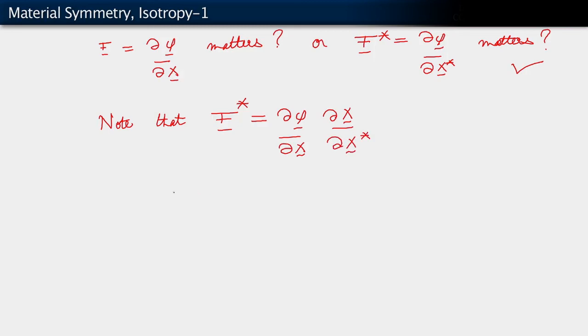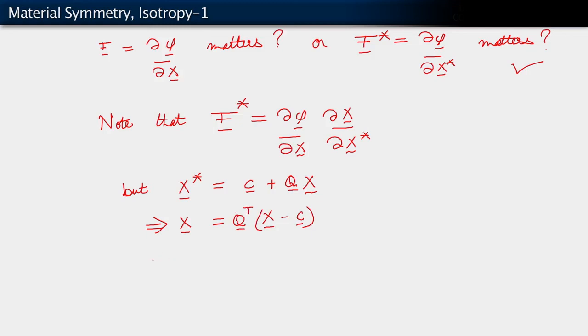But for the rigid motions on the reference configuration, where c and Q are functions of time only, we know that x equals x star minus c, acted upon by Q inverse, but Q belongs to SO(3), so that's Q transpose.